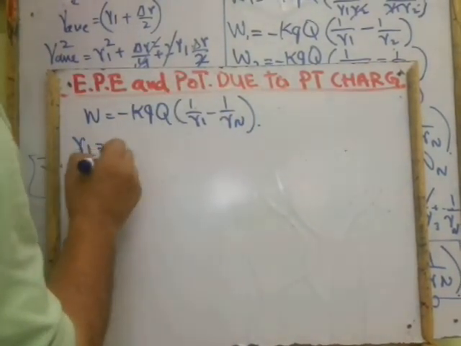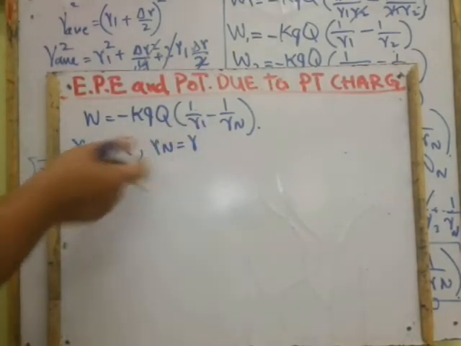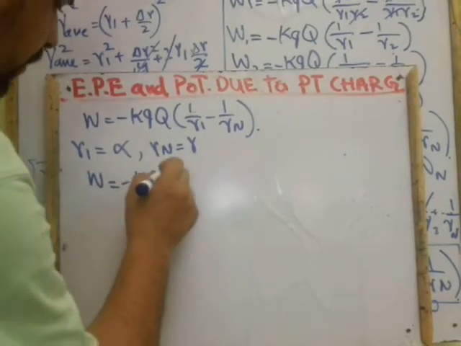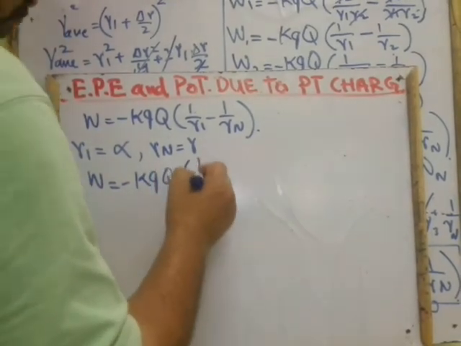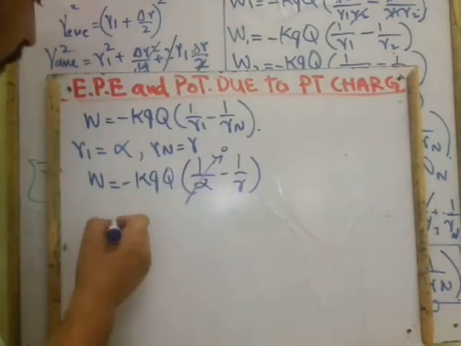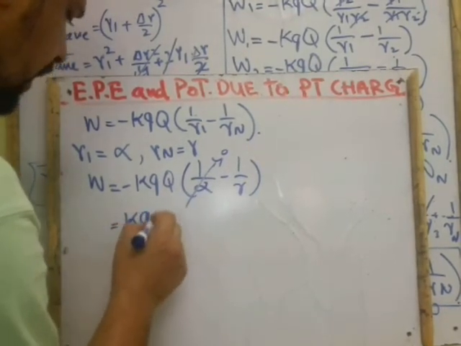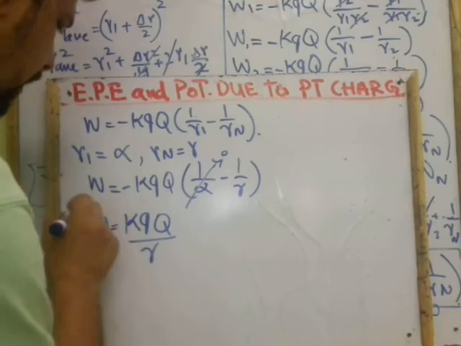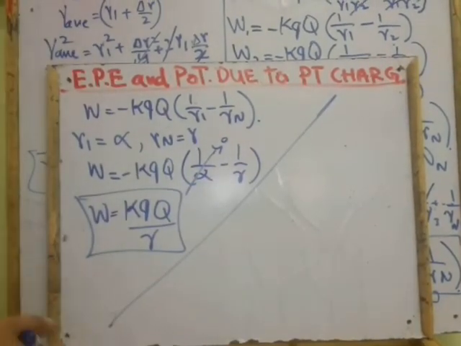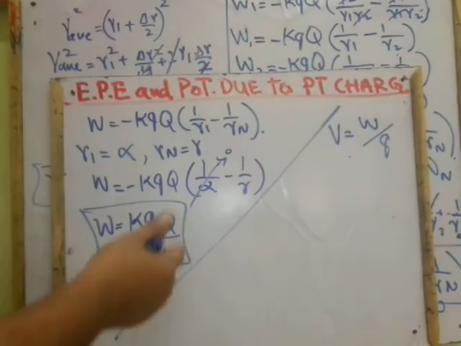I have taken R1 as infinity and Rn as any distance R close to the source charge. Putting these two values in the above equation, the total work done is minus K q capital Q times 1 over infinity minus 1 over R. 1 over infinity is always equal to 0, so the two minus signs multiply and we get K small q capital Q divided by R. Now, to find the electric potential, which is the actual topic, electric potential is equal to W divided by small q, the test charge.